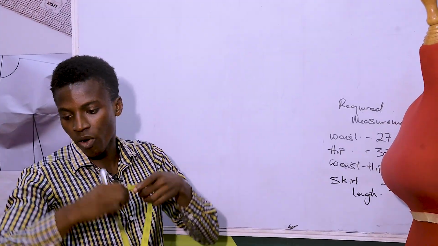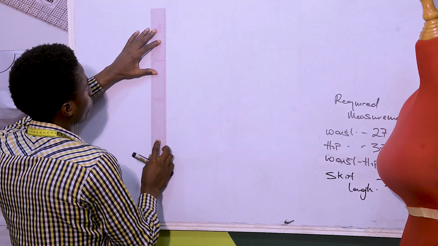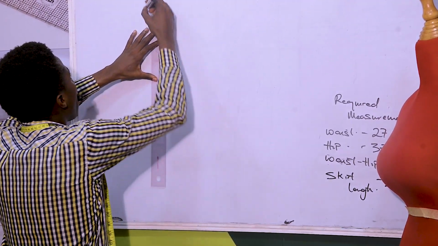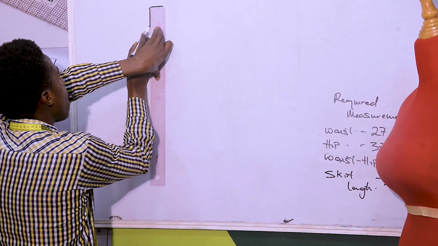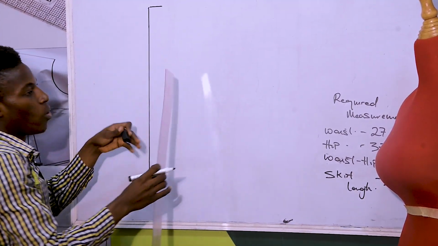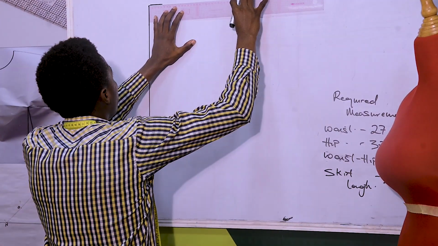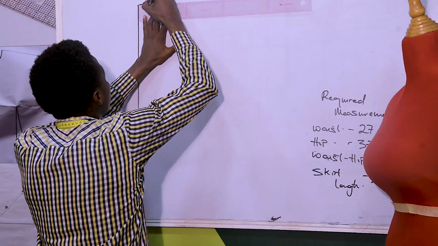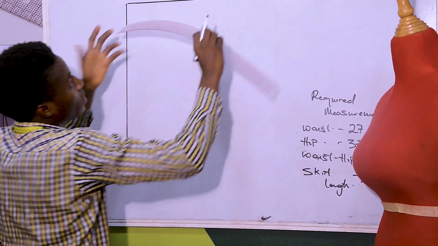All right, so now let's move on to the practical aspect of getting the skirt block. The first thing first, you need to get your angle 90. So now once we have the angle 90, all you need now is to move on to get the formula used in getting the basic rectangle.